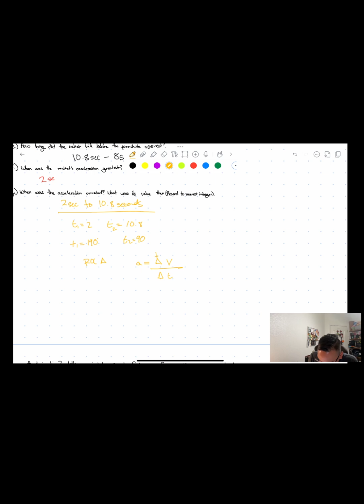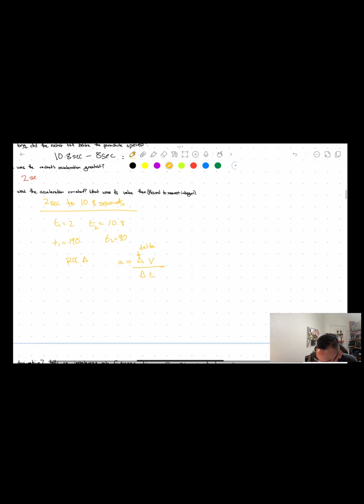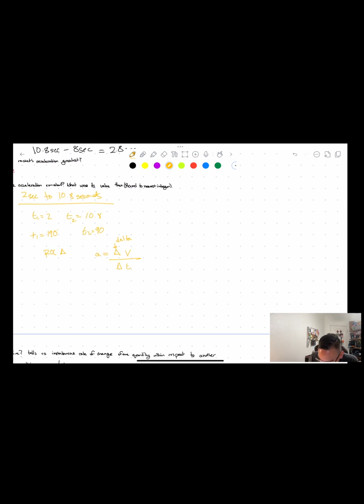This is called delta, and delta represents basically the rate of change, or the difference. It is equal to V2 minus V1 over T2 minus T1.